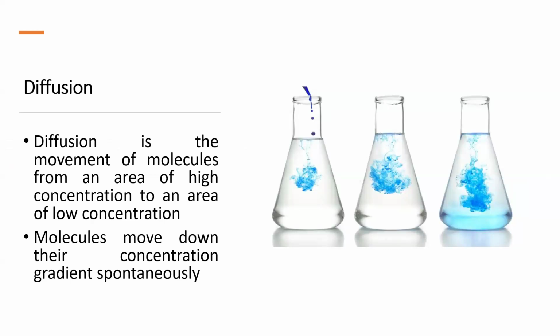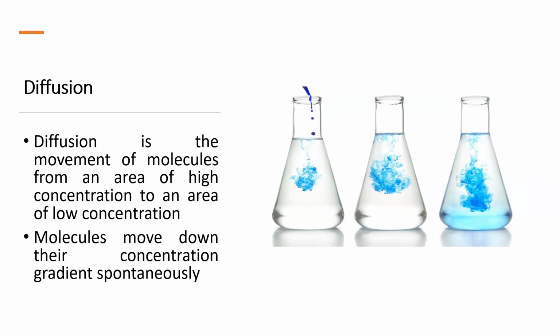Thank you. Okay, first thing here is diffusion. Diffusion is the concept of molecules being able to spontaneously, on their own, spread from an area of high concentration to areas of low concentration.